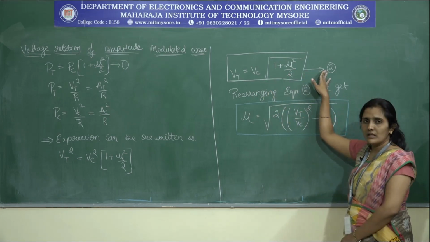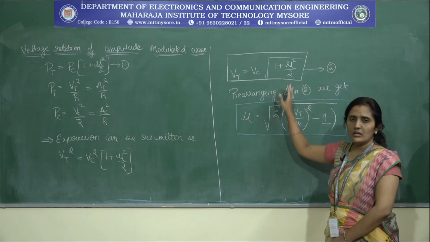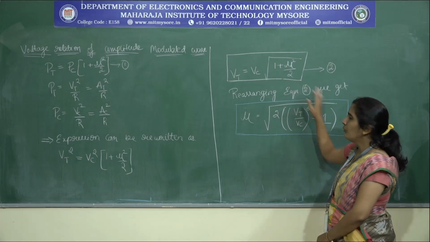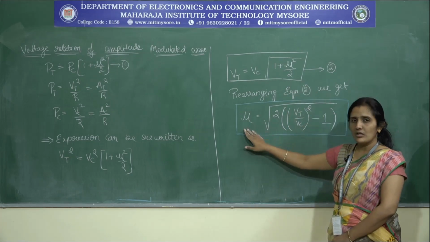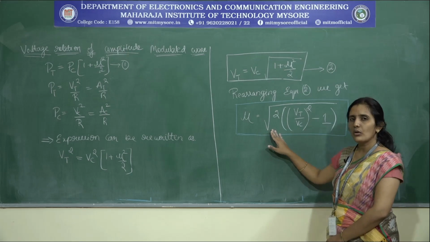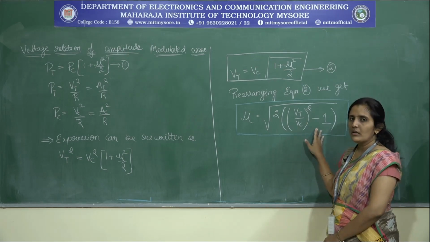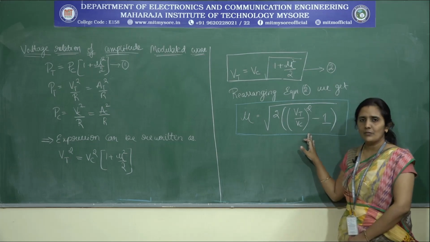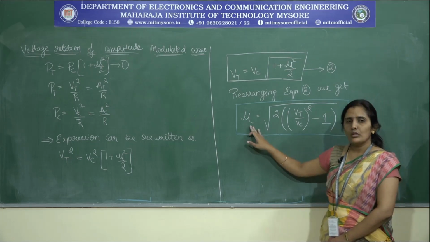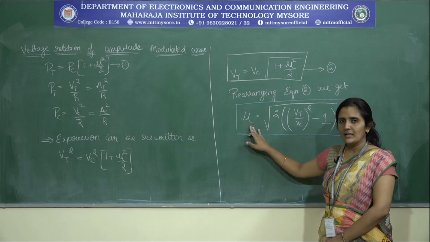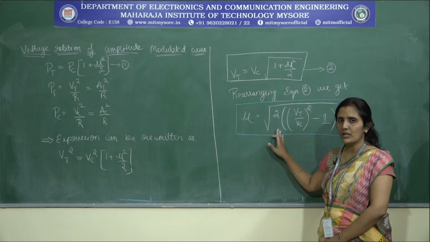Let us consider this equation. Now rearranging the same equation, we get the modulation index equal to the square root of 2 into Vt divided by Vc whole square minus 1. So this is the equation where we derive the modulation index with respect to the voltage.